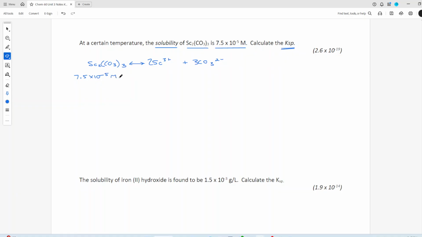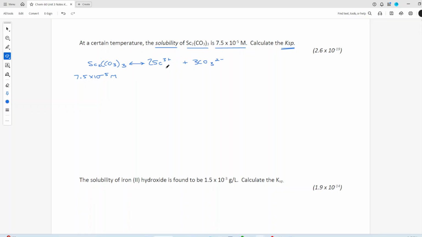So there's a reason we did net ionic equations and our mole to mole ratios in another lesson. If my molarity of scandium carbonate is 7.5 times 10 to the negative 5, then the concentration of the scandium ions would be twice that.